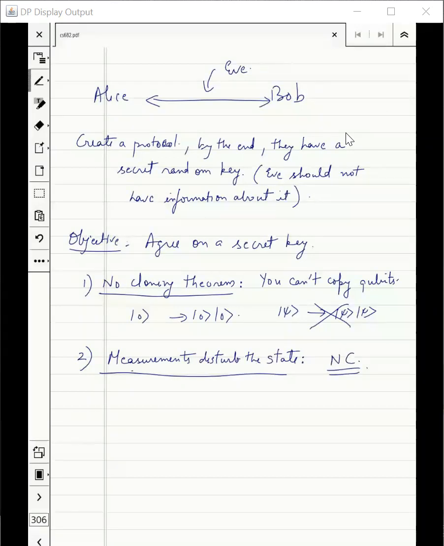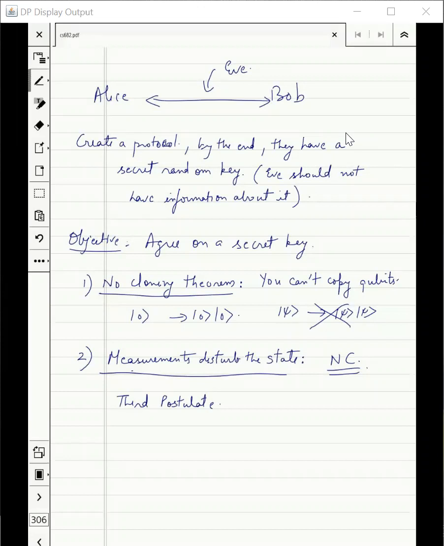If you look at the third postulate, it clearly says how the state changes once you perform a measurement. How we use it in this protocol, that also I will show to you. But intuitively, this principle is clear to you. You have seen the third postulate, so it should be understood.